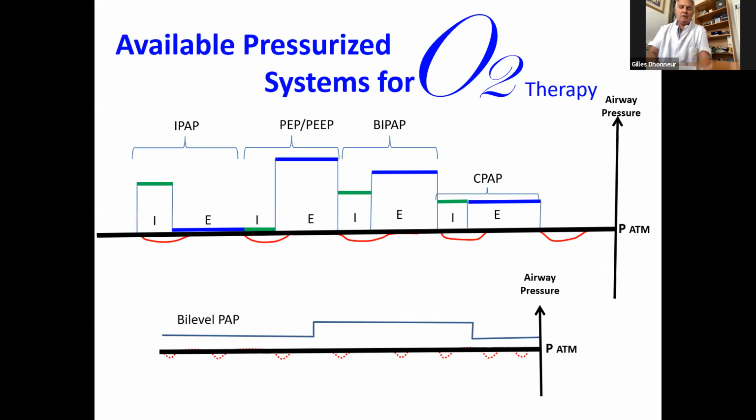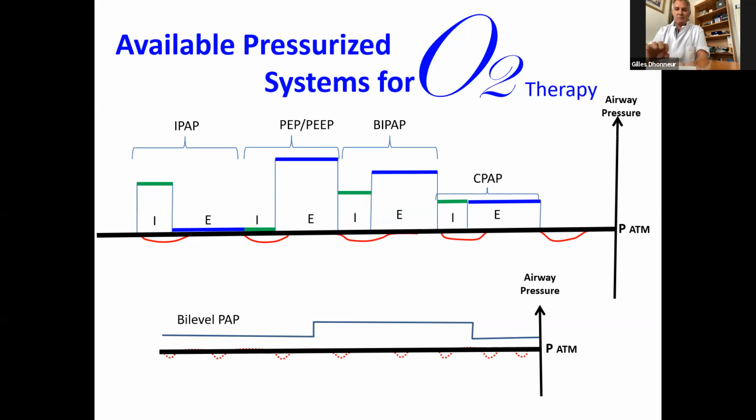Next slide. So these are the different available systems to pressurize oxygenation. We can pressurize only inspiration, IPAP on the left. Then we can pressurize expiration, this is PEP or PIP. We can pressurize both inspiration and expiration, this is BiPAP. A continuous pressure during inspiration and expiration is CPAP.